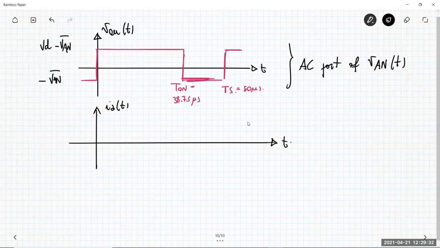Okay, during T on, the voltage across the inductor is positive. Remember that I have VAN is LA dIA over dt. So in this interval from 0 to T on, the voltage across the inductor is positive, and so it means that IA of t is increasing, okay?